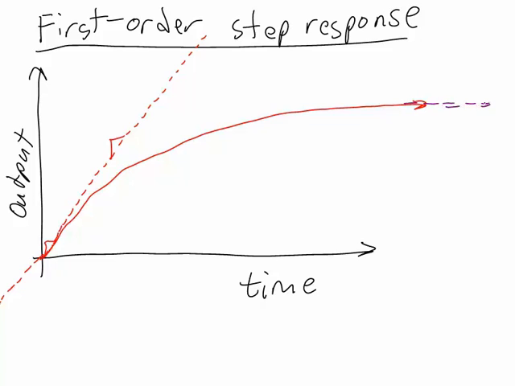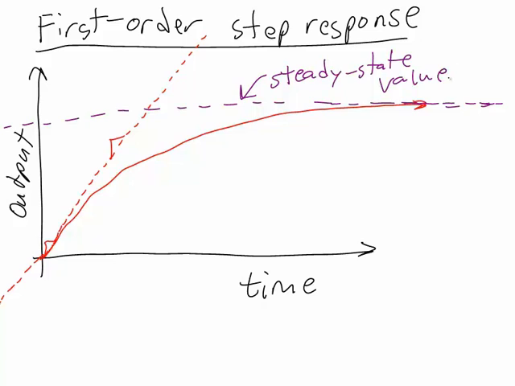I'm going to find the value where this output will stop changing, its what we call its steady state value, and I'm going to draw a dashed line back. So this purple dashed line, that's the steady state value. In other words, it's the value where the step response stops changing, or the value to which the step response converges.